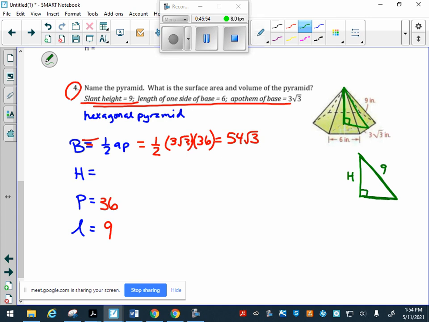This piece here is the apothem. So that's 3 root 3. So to calculate the height, we need to do the Pythagorean theorem. H squared plus 3 root 3 squared equals 9 squared.